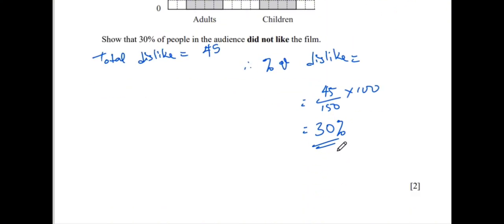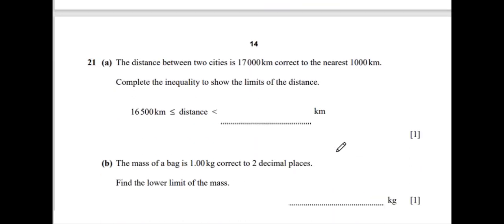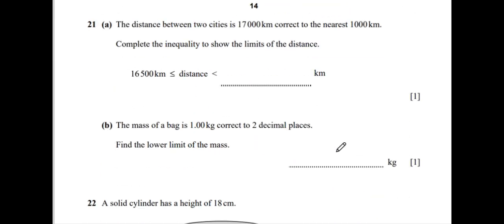All right, let's move to the next one. Here they ask that the distance between two cities is 17,000 kilometers, correct to the nearest thousand. Complete the inequality to show the limit of the distance. If you approximate this number to the nearest thousand, it gives you this. Then we need another number that we can also approximate to the nearest thousand to give us this.